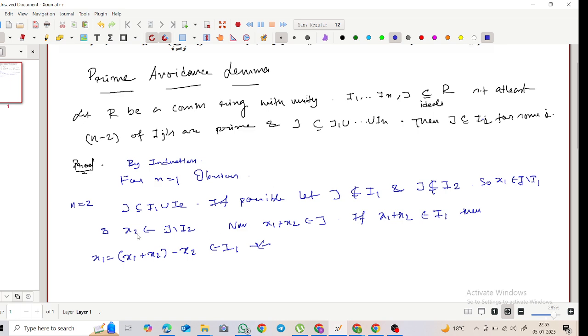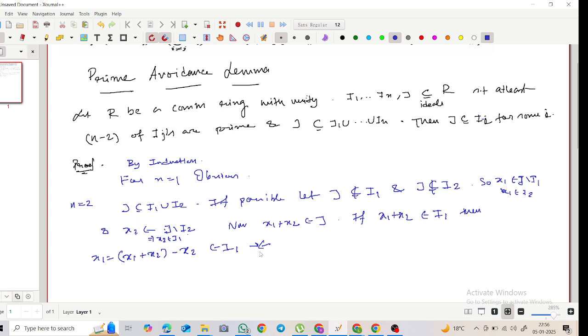Okay, so see, if x2 is in J, then x2 is in the union and x2 can't be in I2, so x2 is in I1, which implies x1 is in I2, right? Because x1 is in J and not in I1, and J is contained in the union.